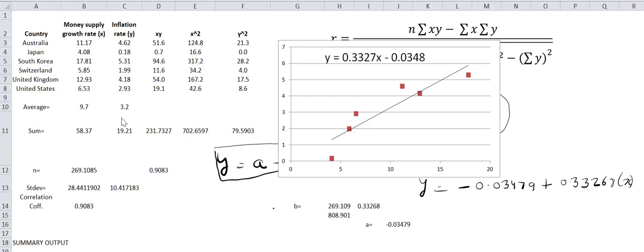So in the next video I will show you how to do the significance test on R, A and B. When we are doing the significance test, we will have our null hypothesis, which will say that the values are equal to 0 by default, and the alternate hypothesis will say that the values are not equal to 0. So I will cover that in the next video.